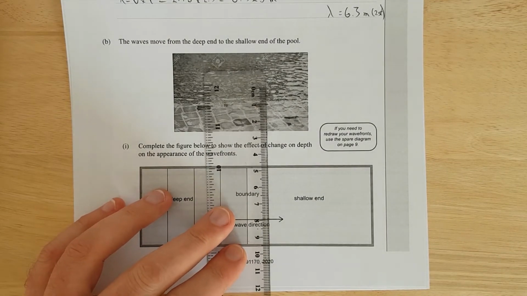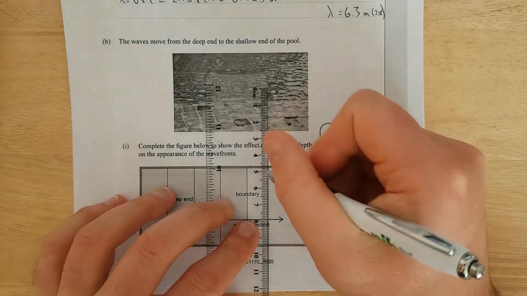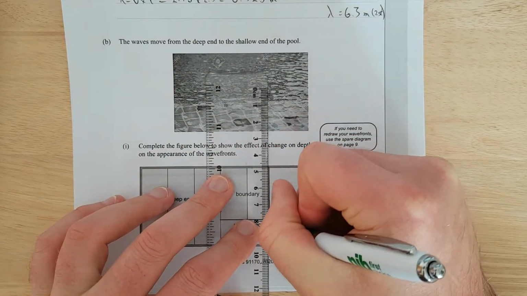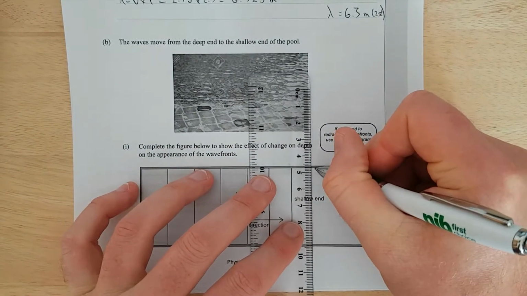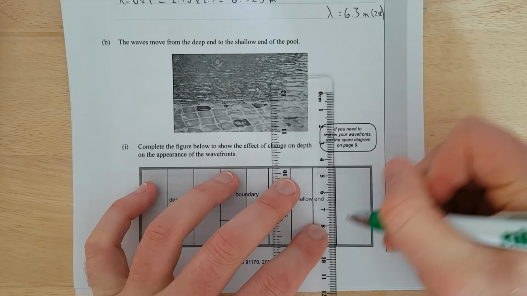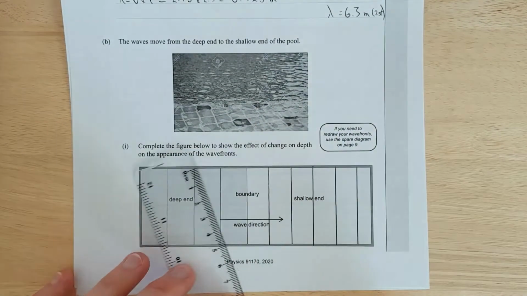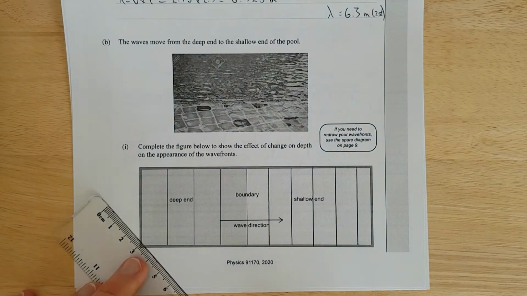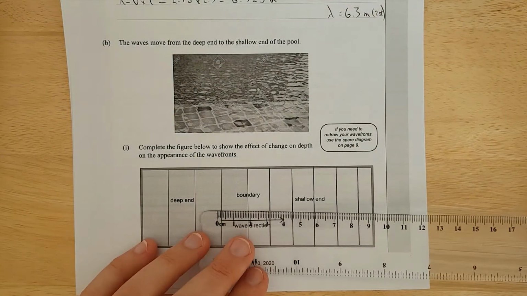So it means the waves will be closer together. There you go. And they should really be the same separation distance. So I'm ballparking it, because I sort of back myself to be able to get it sort of correct. There we go. I'll just measure it quickly.